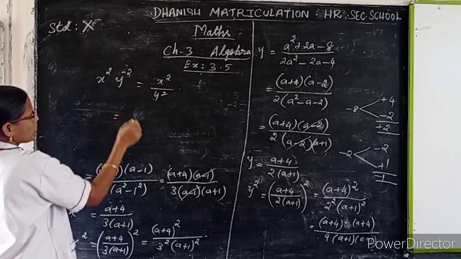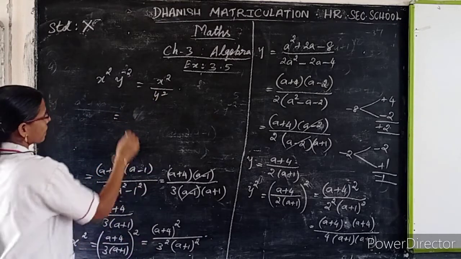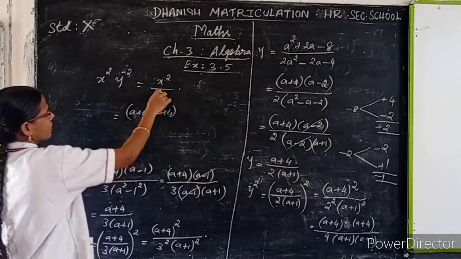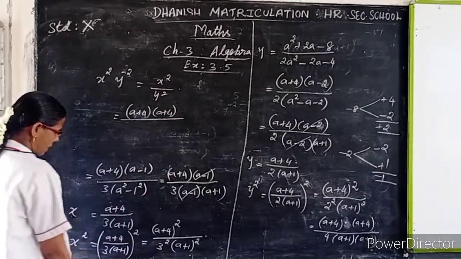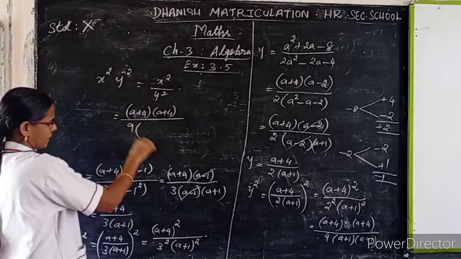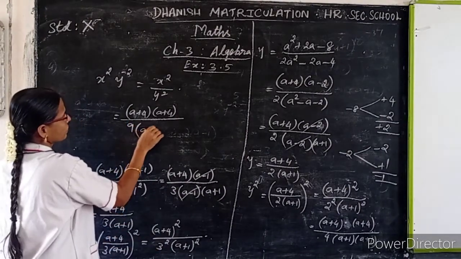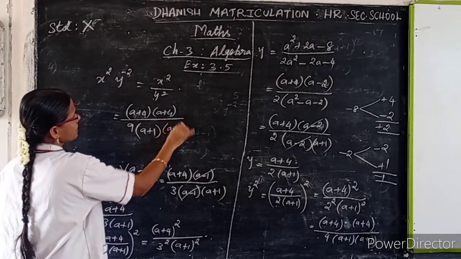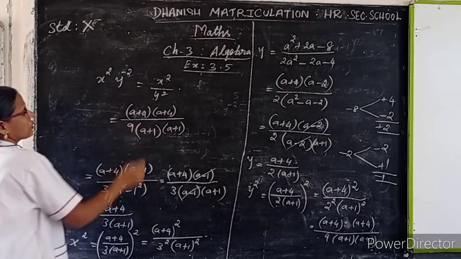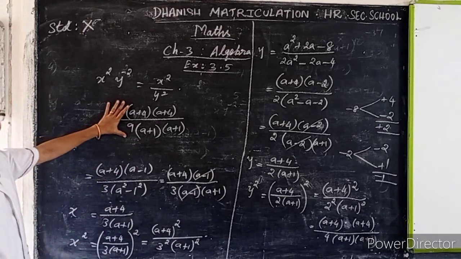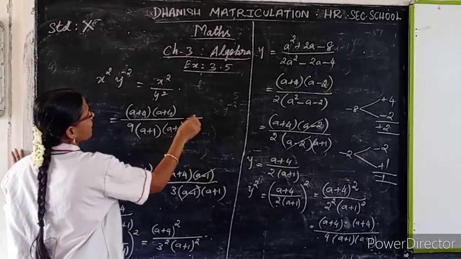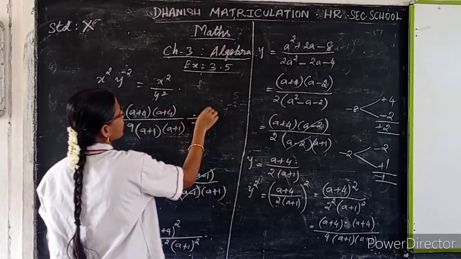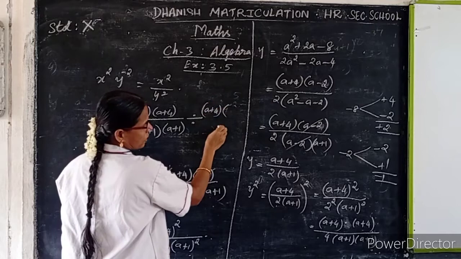Now x square, here our x, is (a plus 4) into (a plus 4), that is x square, divided by 3 square, which is 9, into (a plus 1) into (a plus 1). This is our numerator, divided by y square. y square is (a plus 4) into (a plus 4).